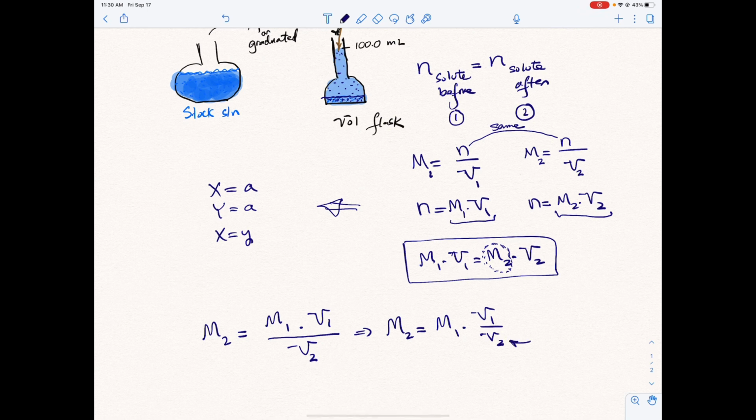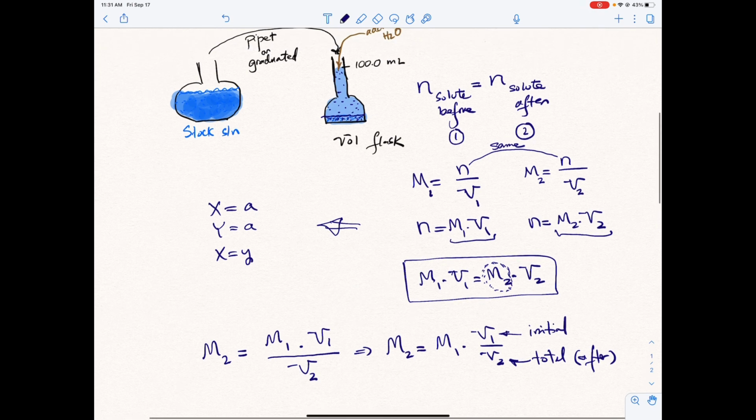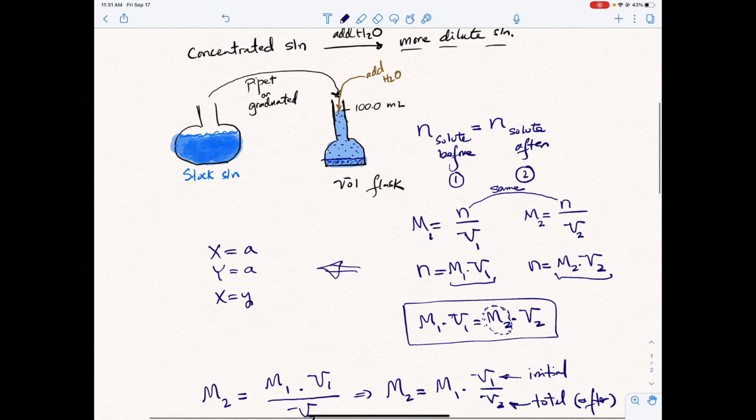The V2, of course, is the final volume, or the total volume after you make your dilution. Your V1 is your initial volume. Let me just show them on the diagram. With the pipette, this is how we establish our V1.